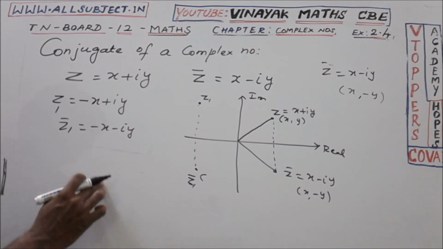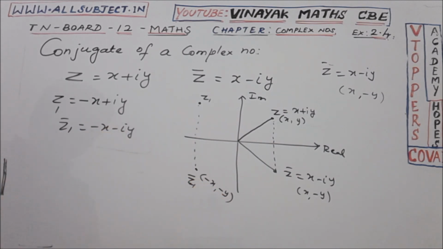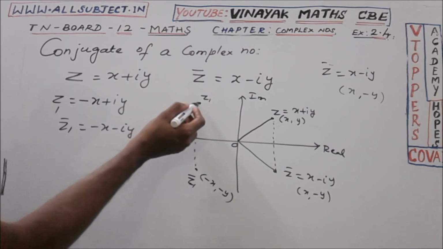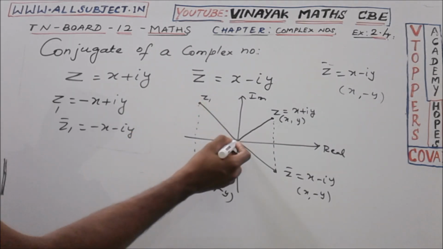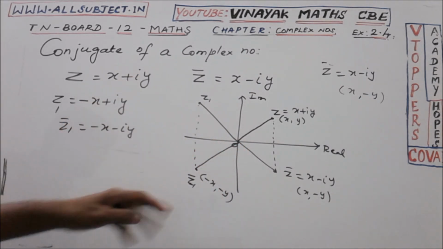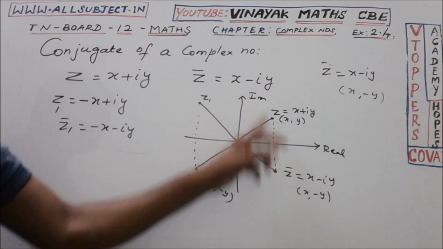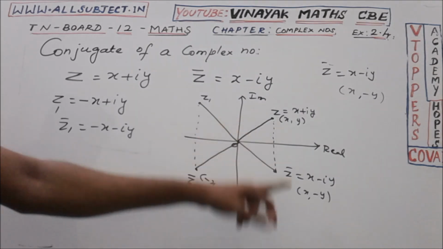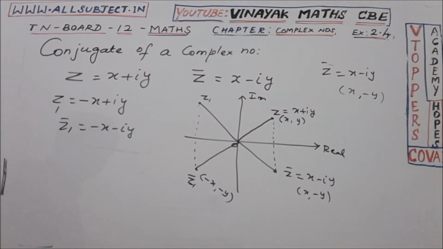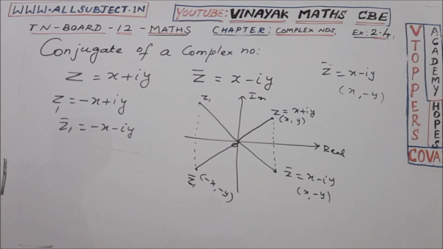As a point representation in the Argand plane, minus x comma minus y, so it represents minus x comma minus y based on the origin. Now this is z1 and this is z1 bar, so it is also a mirror image of the second quadrant in the third quadrant. Here, first and fourth quadrant are mirror images of each other, and here the second and third quadrants. So this is a conjugate property.